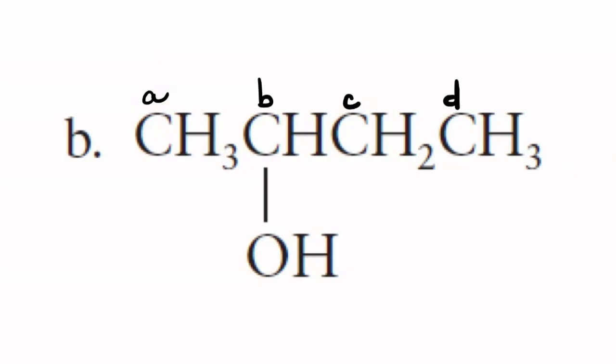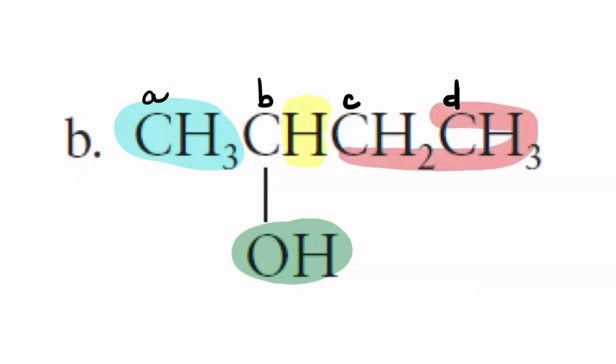Let's now investigate what are the groups connected to carbon B. I'm going to use my highlighter tool to highlight the groups. In carbon B, I have a hydrogen, a CH3 group, an OH group, and a CH2CH3 group. That means that carbon B has four different groups, or clusters of atoms, so carbon B is chiral.